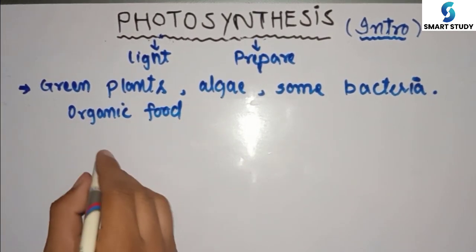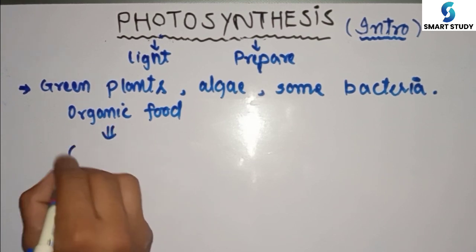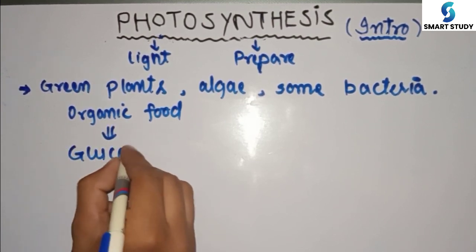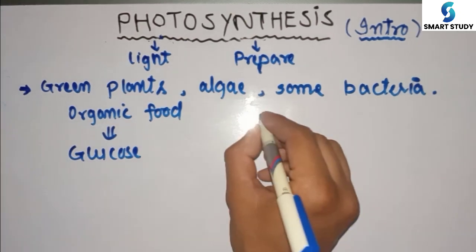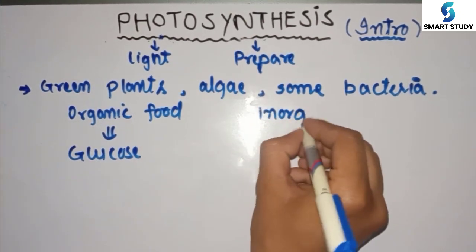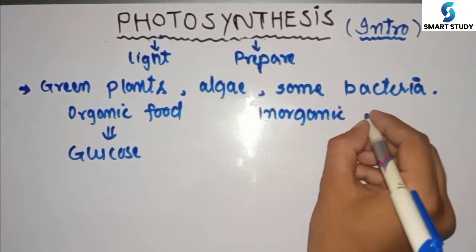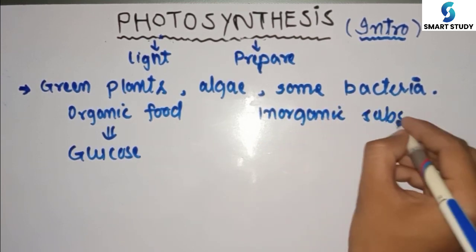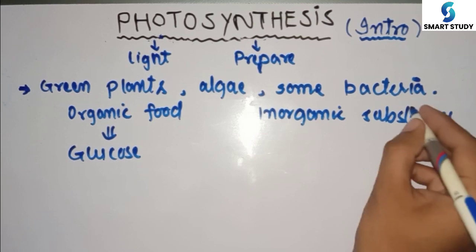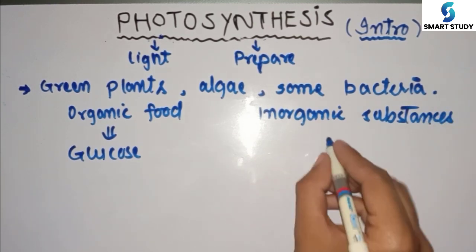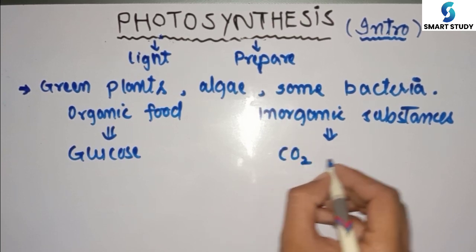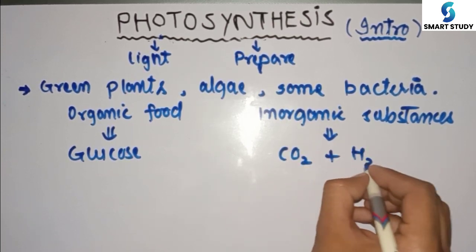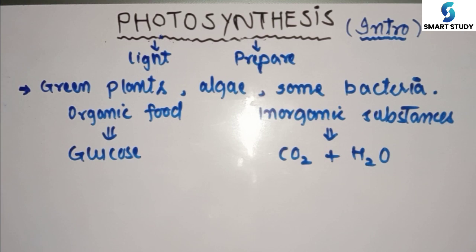What is their organic food? Their organic food is glucose, and this glucose is synthesized by inorganic substances. The inorganic substances which help in preparation of glucose are carbon dioxide and H2O, water.